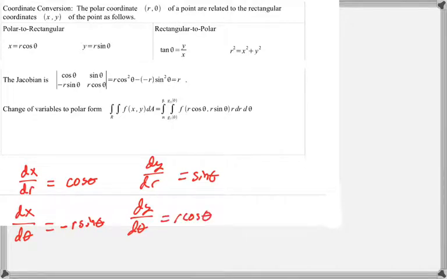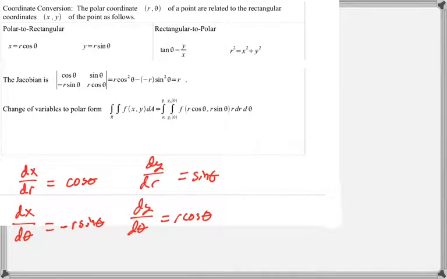Well, then we put them in a 2 by 2 matrix, and then we take the determinant of them, and we get r cosine squared theta minus negative r sine squared theta, and then the Pythagorean identity will tell us that that's equal to r. That's the Jacobian, so that's going to be your price for changing your coordinate system.